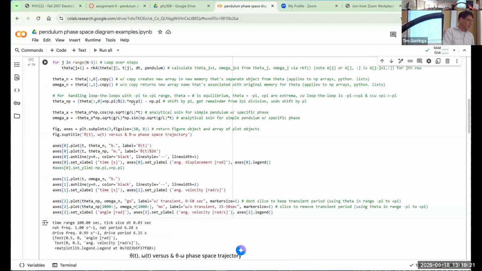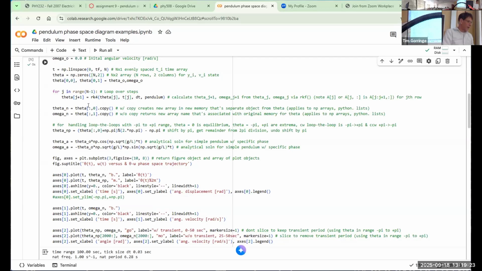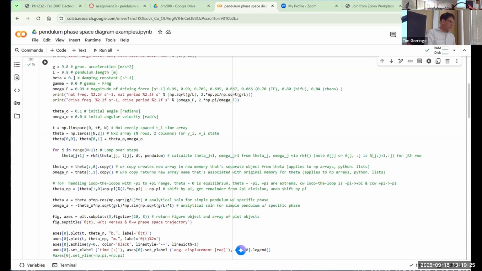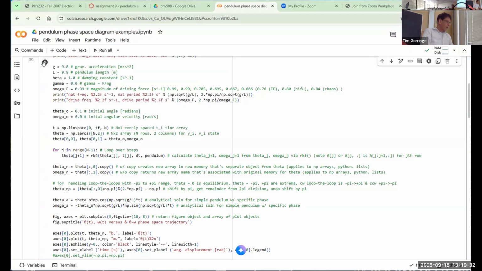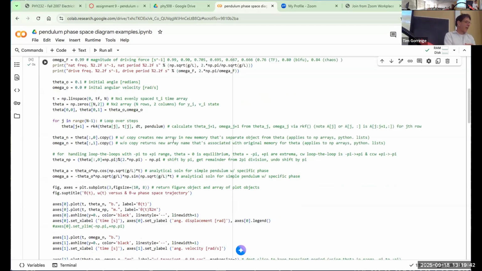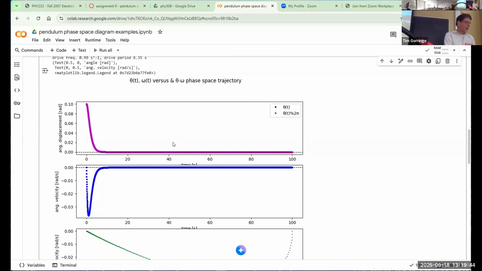Of course, it's real easy to look at other cases here. Let's make this exactly one. That's critical damping. That's the special transition between oscillating and non-oscillating motion. So that's a distinct change in the characteristics of the pendulum.